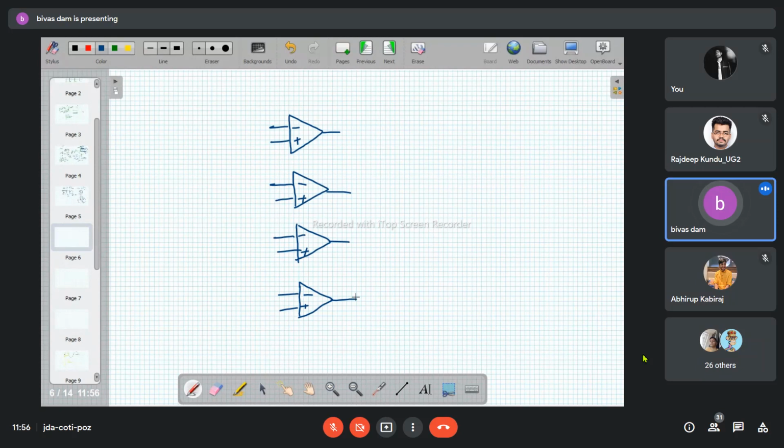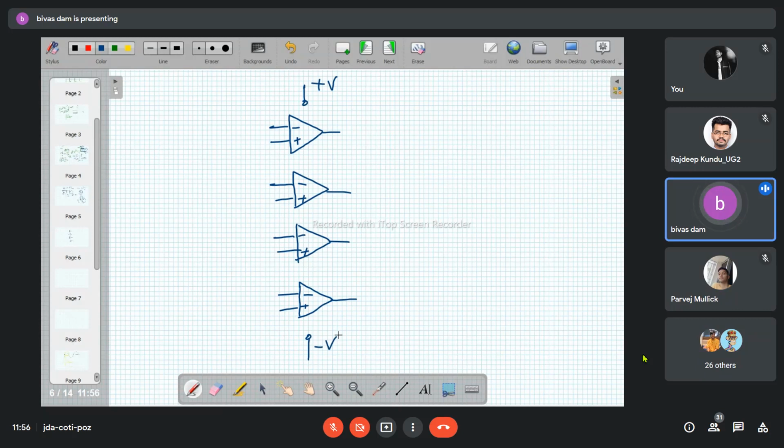How many IO pins are required here? 14. So far I have done only 12. What are the other two? DC sources. Plus VCC, minus VEE. So there will be one positive DC, and there will be one negative DC.